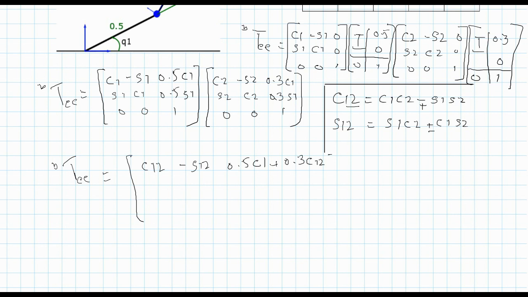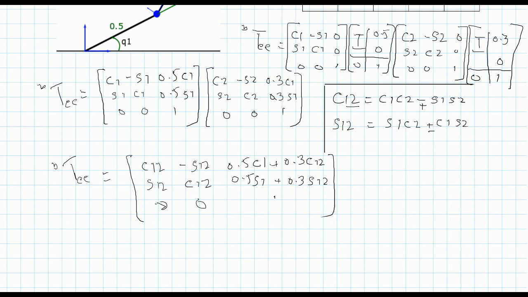Then we have S12, C12, 0.5 S1 plus 0.3 S12, and 0 0 1.